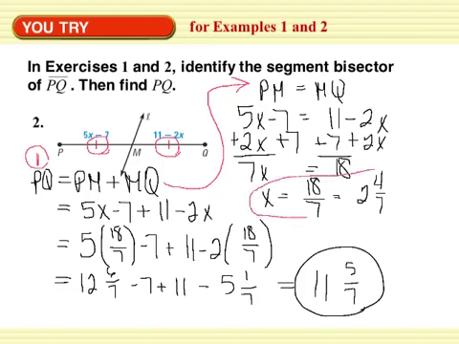Solved for x. Went back right here, plugged in x, kept going down this way, and got my answer. If the fractions are confusing you, please don't let them. I bet you have a calculator that will help you. Just ask me, and I'll be happy to show you.